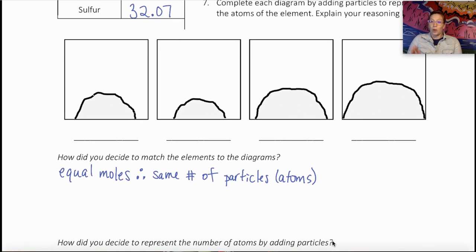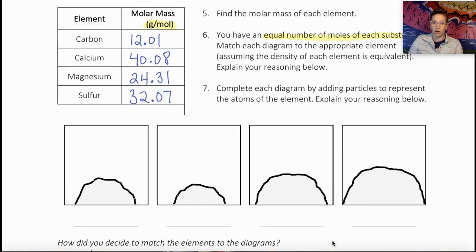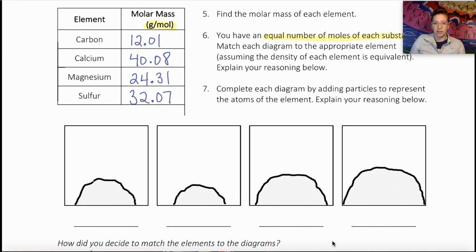Okay, so we want to think about the size of our particles, our atoms, based on their molar masses. Remember, molar mass is in grams per mole, but this also gives us an idea of the mass of one single atom. Value is the same, unit is different. So if we look at these, we've got smaller molar masses, larger molar masses. We want to think about which atom is going to be larger.